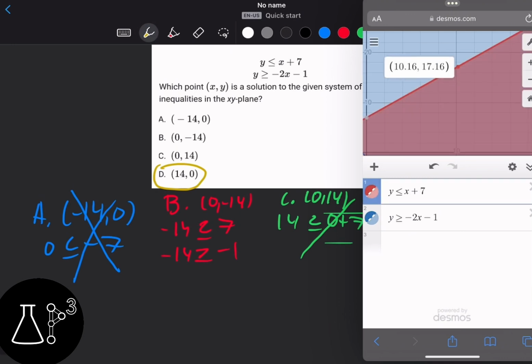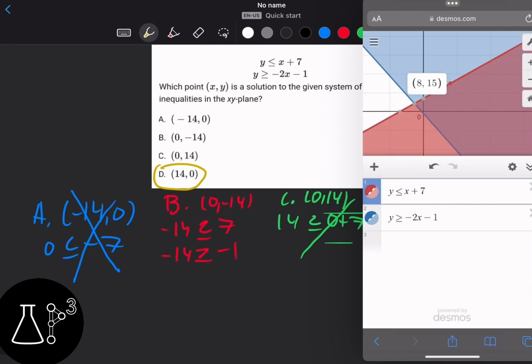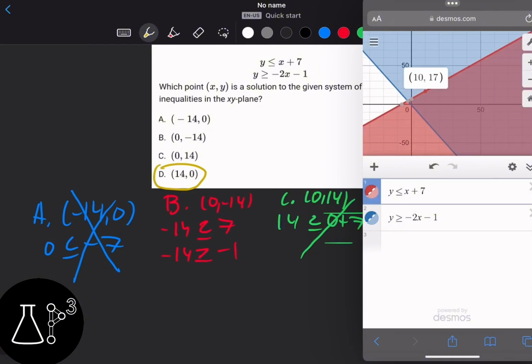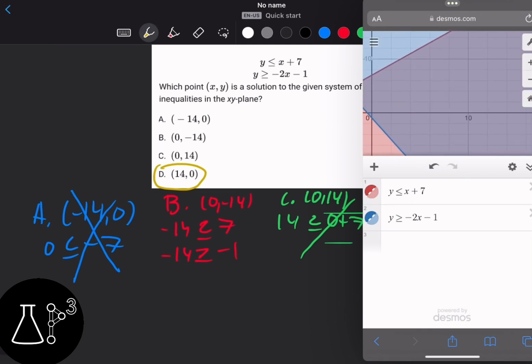So if I look for a point right here, we can see that the point 14, 0 does indeed make the statement true, because when x equals 14, it's right here in the graph, basically meaning that D is our answer and it follows the statement being true.